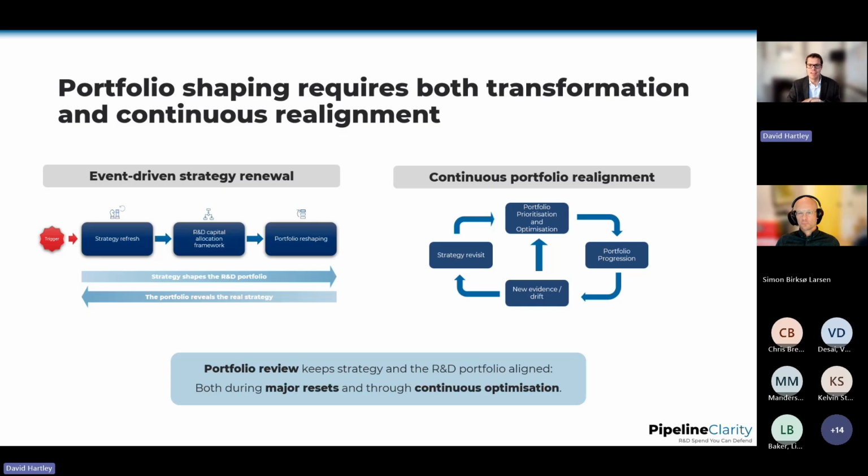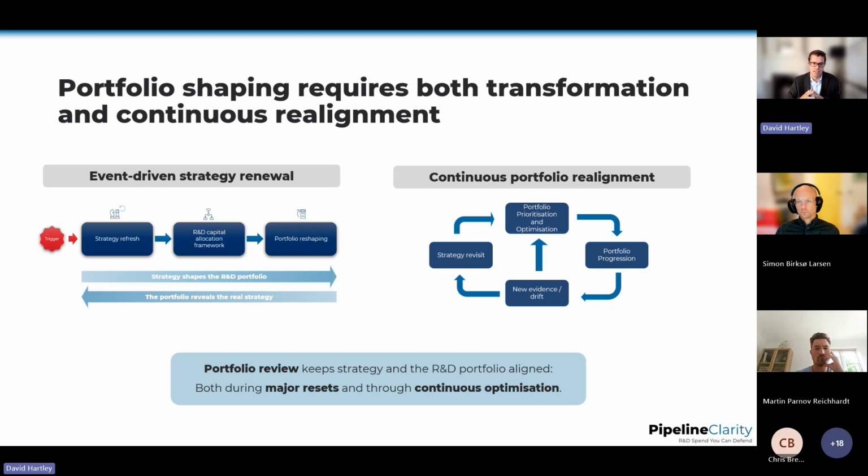Also, what we see is that there's this operating model of the need for continuous portfolio realignment. So you can imagine that after the activity that Simon has described has happened, you've done a portfolio prioritization and optimization. You're then in the process of operationalizing that. As those projects and as the portfolio moves on, inevitably things change.